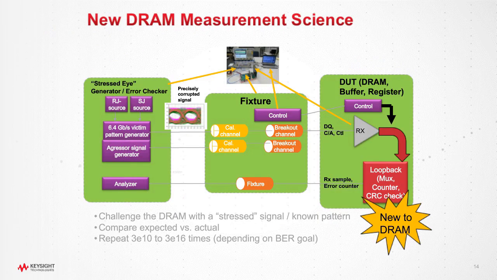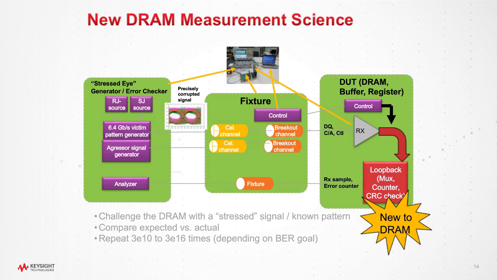So starting with DDR4, but really for sure as we go faster, there's new measurement science that's required in order to do this characterization and then determine if the receivers and the transmitters, when they're all finished training and think they've generated the correct eye, have actually created a system that can move data from one end to the other reliably.